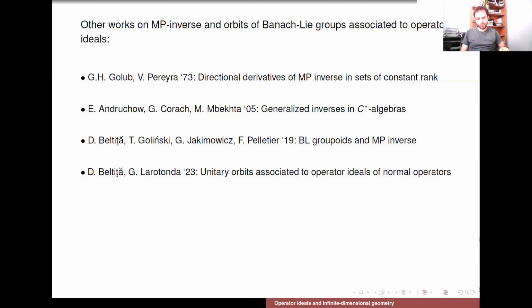And to get the condition in order that the orbits are submanifolds of the natural ambient space, they show that the operators must satisfy some spectral condition, which is that they must have finite spectrum.